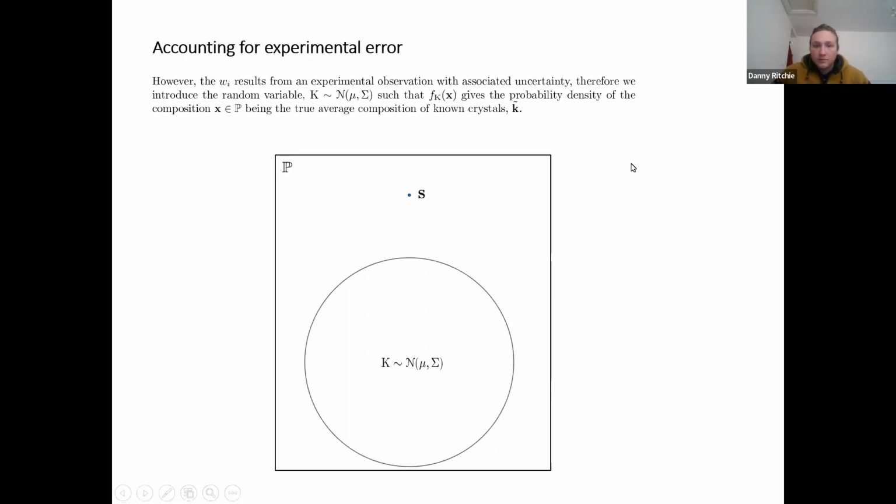So rather than representing K tilde, the average composition of known phases, as a single point, I use a random variable, which is a multivariate normal distribution, such that I denote that distribution K, such that F_K(x) gives the probability density of the composition x being the actual average composition of the known crystals.